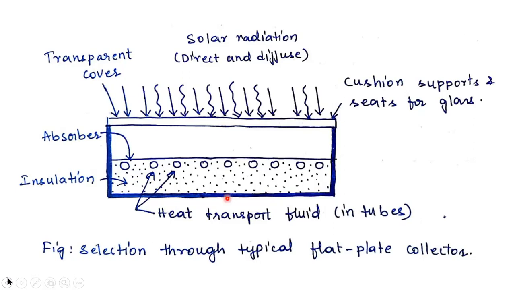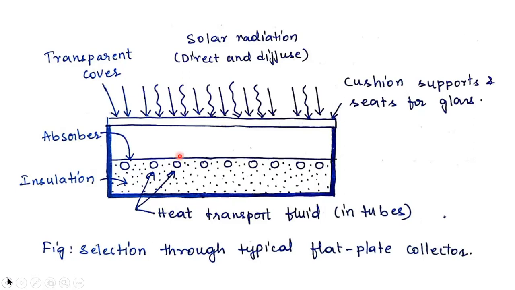The absorber plate is usually made from a metal sheet of 1 to 2 mm thickness, while the tubes, which are also made of metal, range in diameter from 1 to 1.5 centimeters.